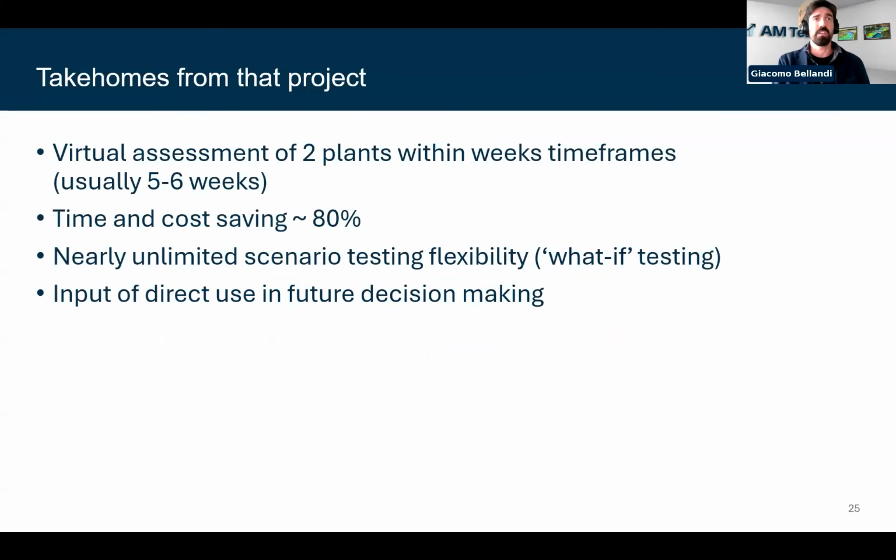Usually 5 to 6 weeks. So dramatically reducing the time to action. With basically unlimited scenario testing, so you have the whole flexibility that you want in what if scenarios, and also you have an input on what it means for direct reuse for future decision making, right?